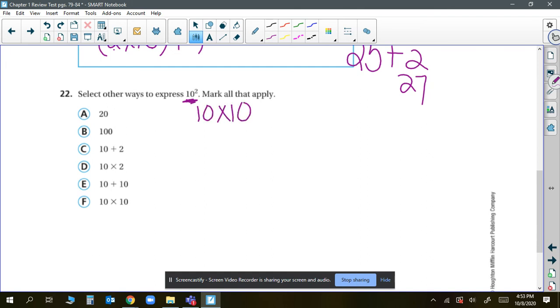Remember, you can say 10 multiplied twice is a good way to say it so that you remember. It'll help you remember. And you know that 10 times 10 is 100. So B is going to work. And look, we already did this one here. Letter F is also going to work. The rest of them are not going to work because they all equal either 20 or 12. And it has to equal 100.